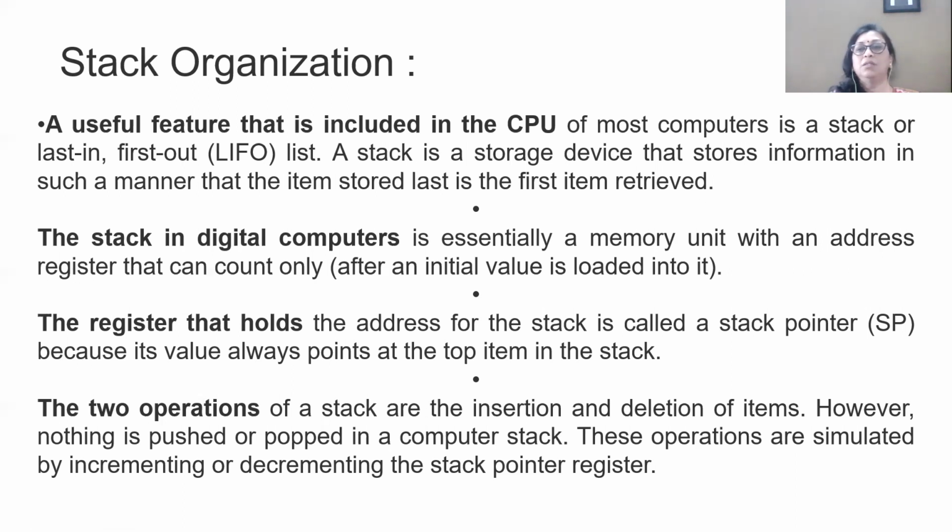This type of memory is last in first out, and it stores the information in such a way that the last item which is inputted will be the first item that is taken out. This kind of memory used in the central processing unit is called stack organization.